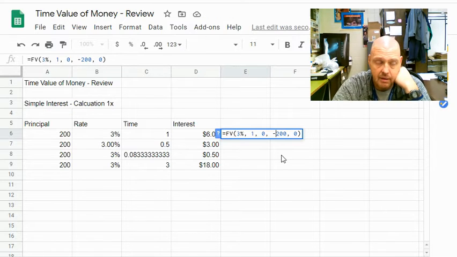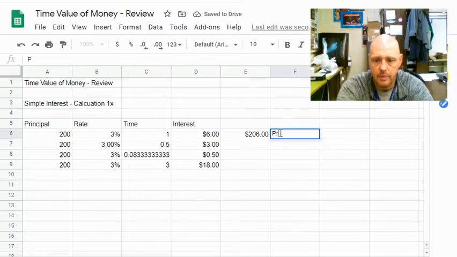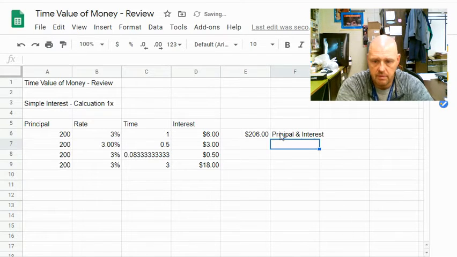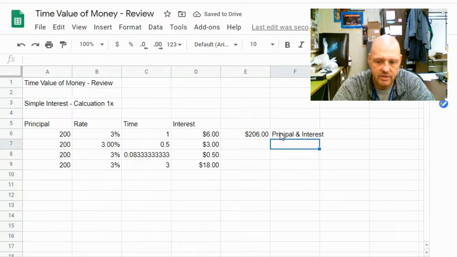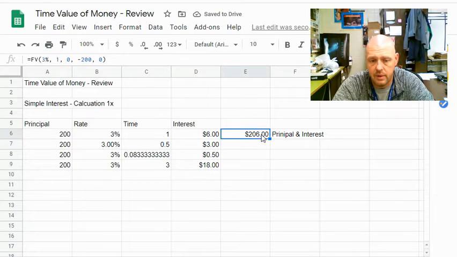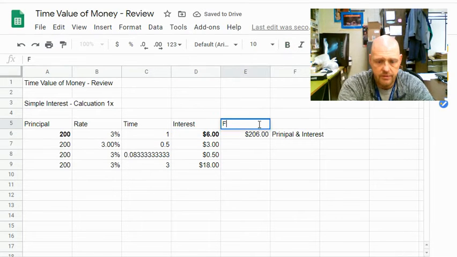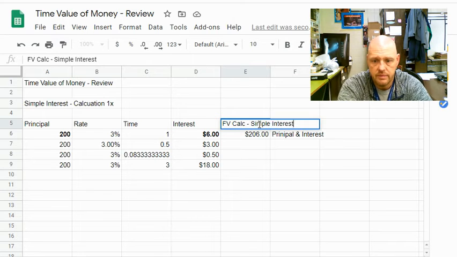It's coming out of my checkbook or out of my whatever going to the bank. So I'm going to put minus 200. This brings me back both my principal and my interest. I did not earn $206 worth of interest. I get all $200 back plus $6 in interest. So this is the future value calc for simple interest.